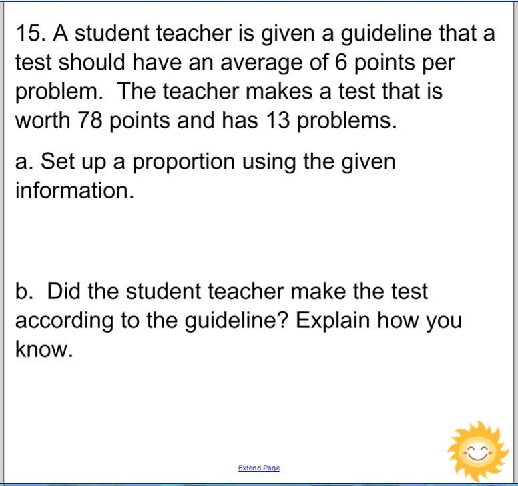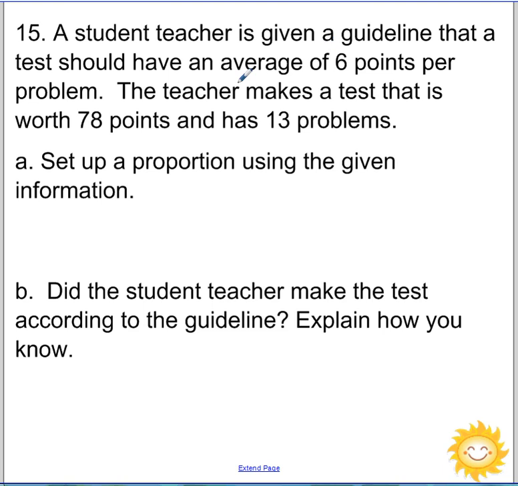Our final example, a student teacher is given a guideline that a test should have an average of 6 points per problem. The teacher makes a test that is worth 78 points and it has 13 problems. So we're going to set up a proportion and see if we have a proper test set up according to the directions.